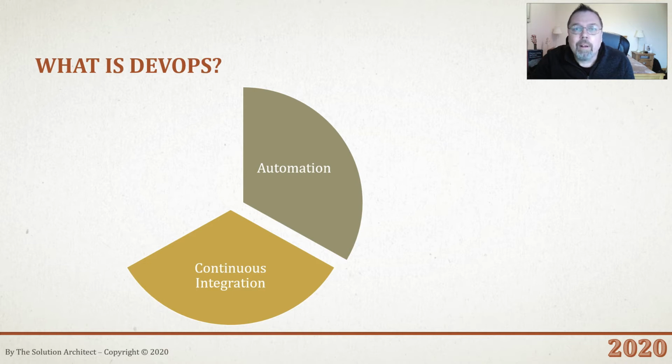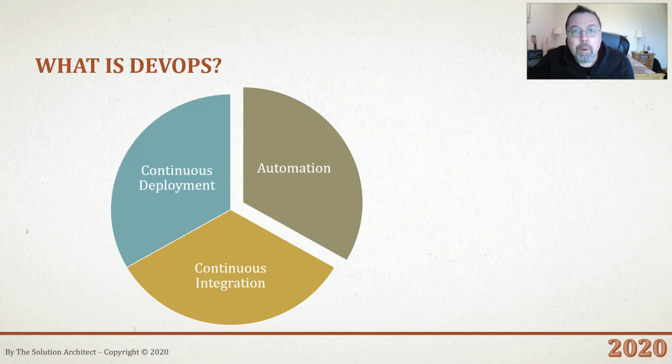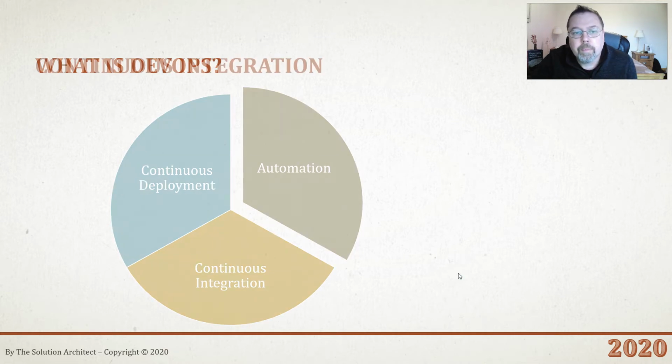The next part of the DevOps process is continuous deployment. What does continuous deployment do? It has processes in place to pick up your code and to then configure the servers or the services where this code needs to be deployed, and then do an automatic deployment to that environment.